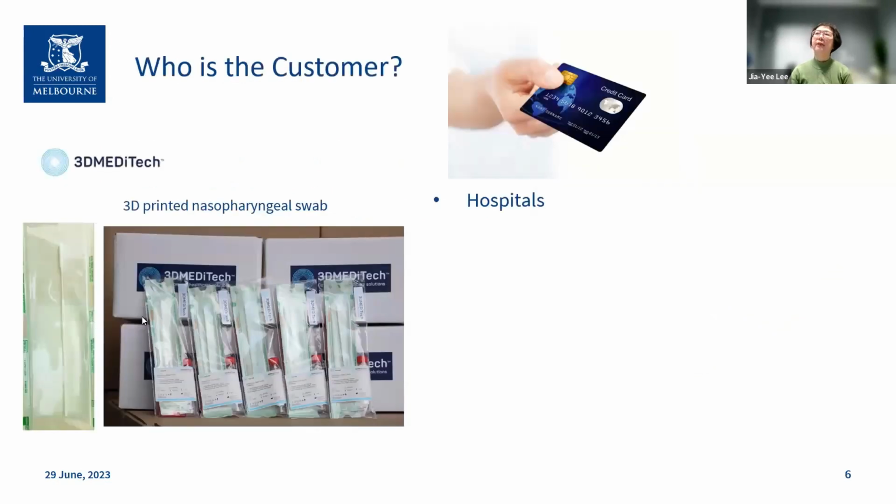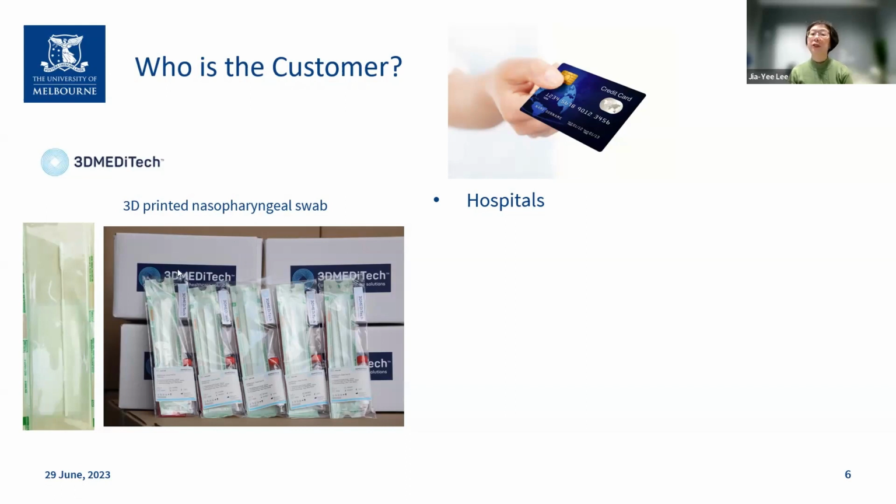So I'm going to use the example of 3D Meditech. They are a partner of ARC CIMMIT, and they have been an important partner of ours, and we've played an important role, especially Peter's group played a really important role in facilitating 3D Meditech in developing their 3D printed nasopharyngeal swab.